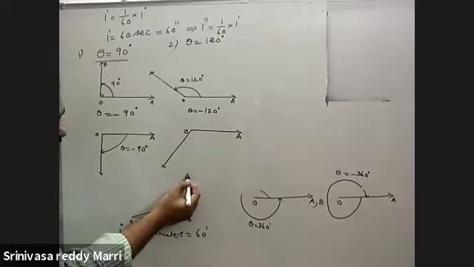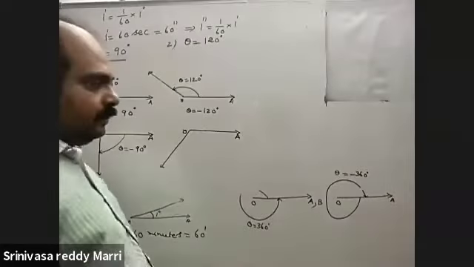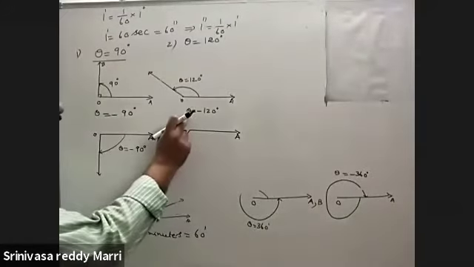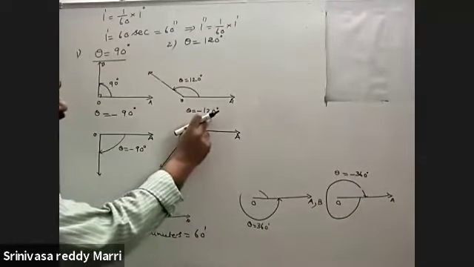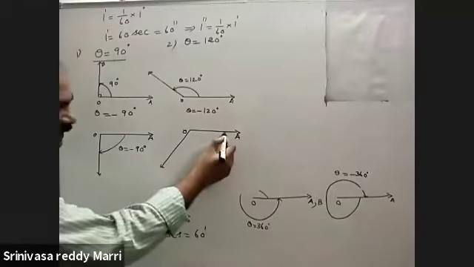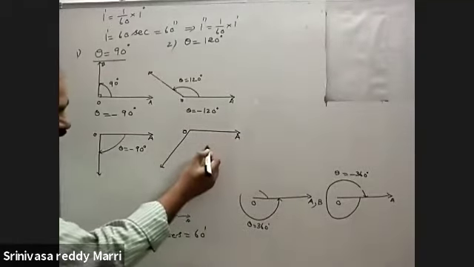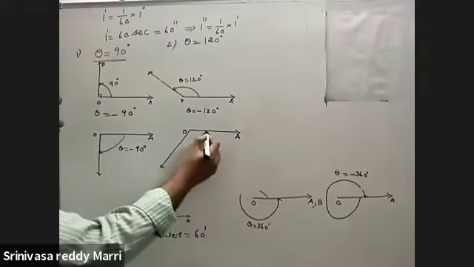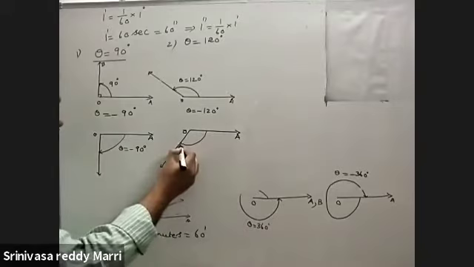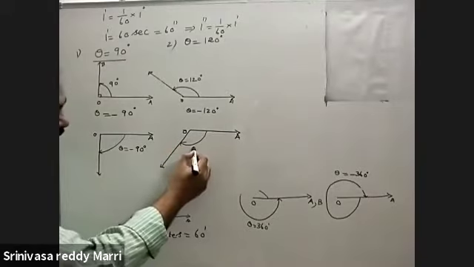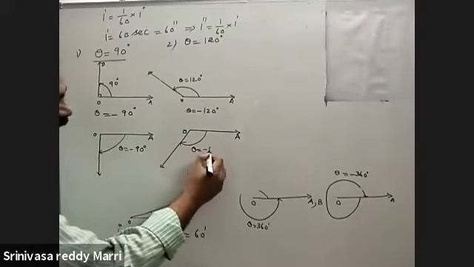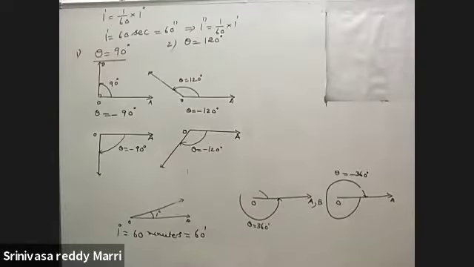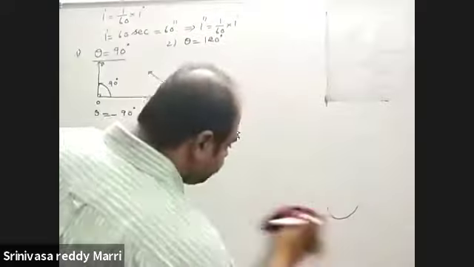Till here 90, and then 30 more. So this angle is nothing but theta equals minus 120 degree.